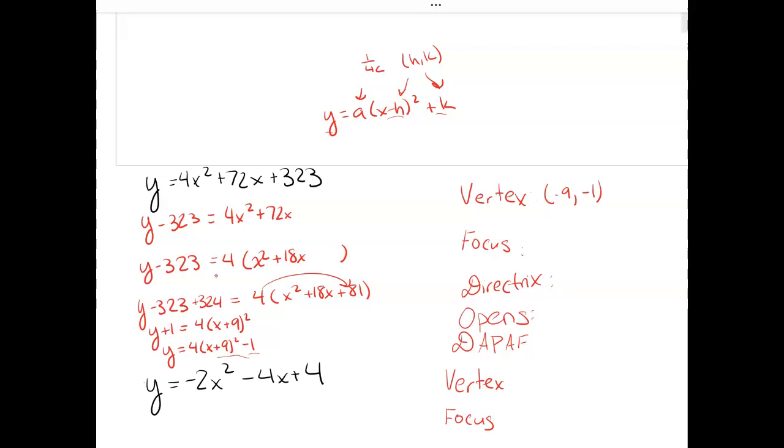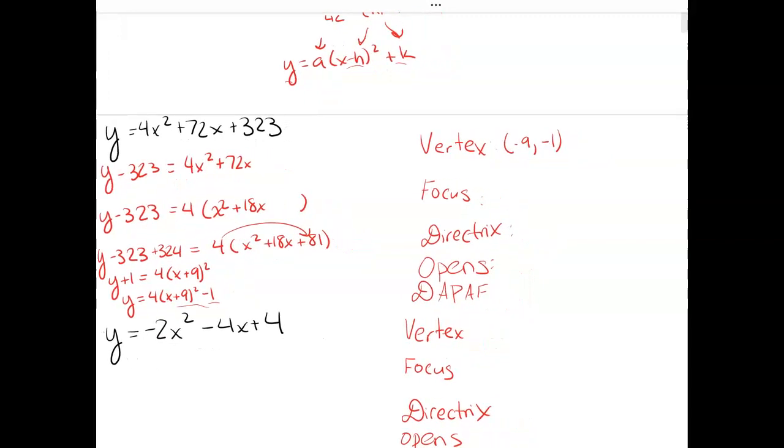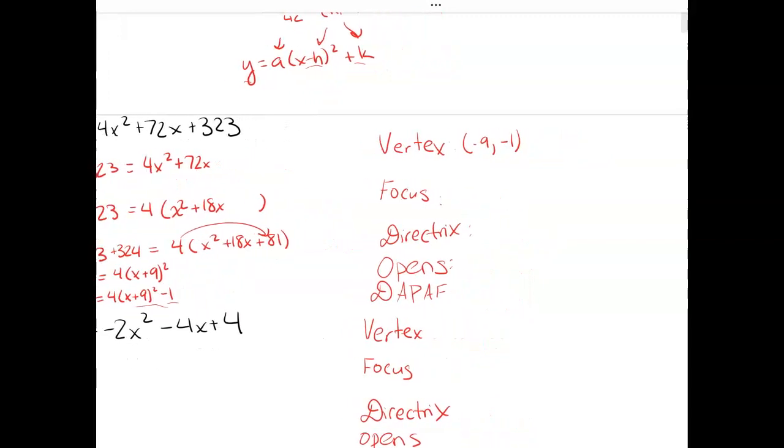My focus, okay, well, we have to do a little bit of work then. So my a, like I said, is going to be 1 over 4c, and I probably need to use that at this point. So I know that my a term right now is that 4 sitting right there. So I've really just got 4 is equal to 1 over 4c.